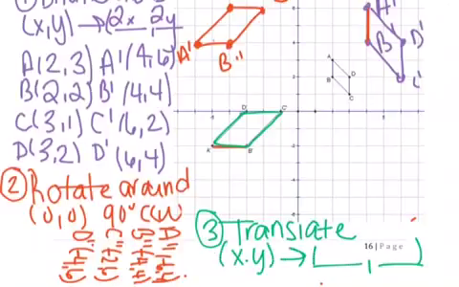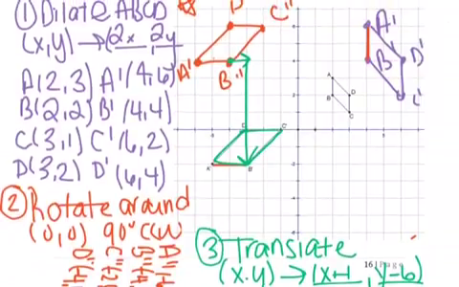Let's just pick a point. Let's pick B double prime. I'm going to have to go to the right one, so that's x increasing by 1, and then I'm going to have to move it down 1, 2, 3, 4, 5, 6. So that means I'm going to have to take the y coordinate and move it down 6. I'm going to check all of them.